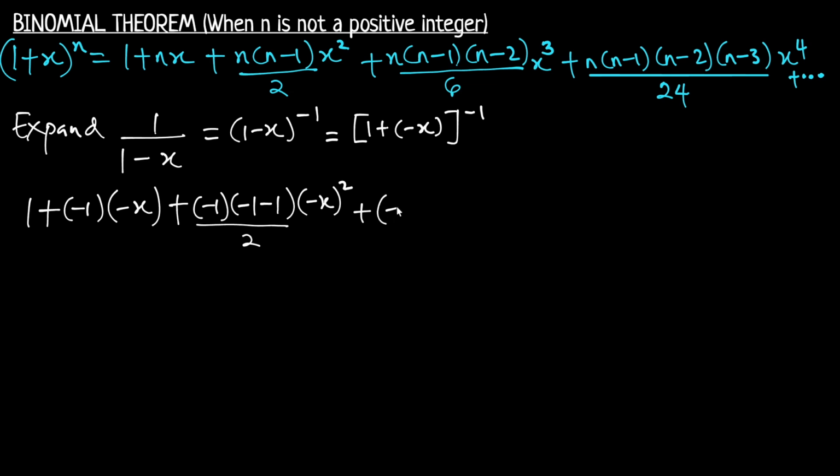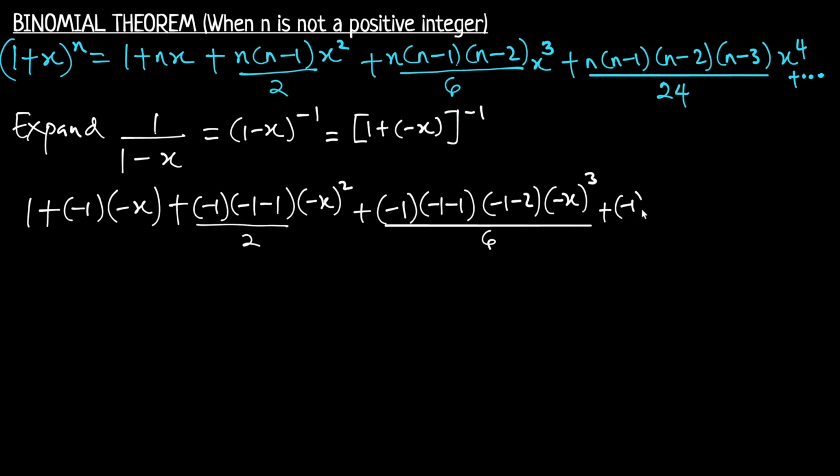Plus negative 1, negative 1, negative 1, negative 1, negative 2, negative x raised to the power of 3, all divided by 6. And lastly, we have negative 1, negative 1, negative 1, negative 1, negative 2, negative 1, negative 3, negative x all raised to the power of 4, and this is divided by 24, and that is continuous.